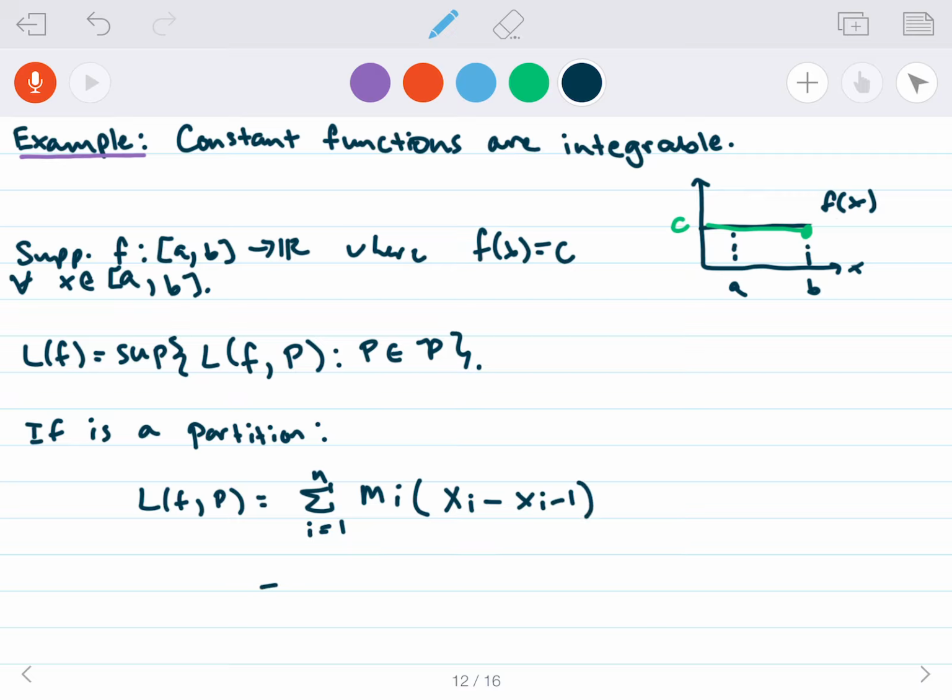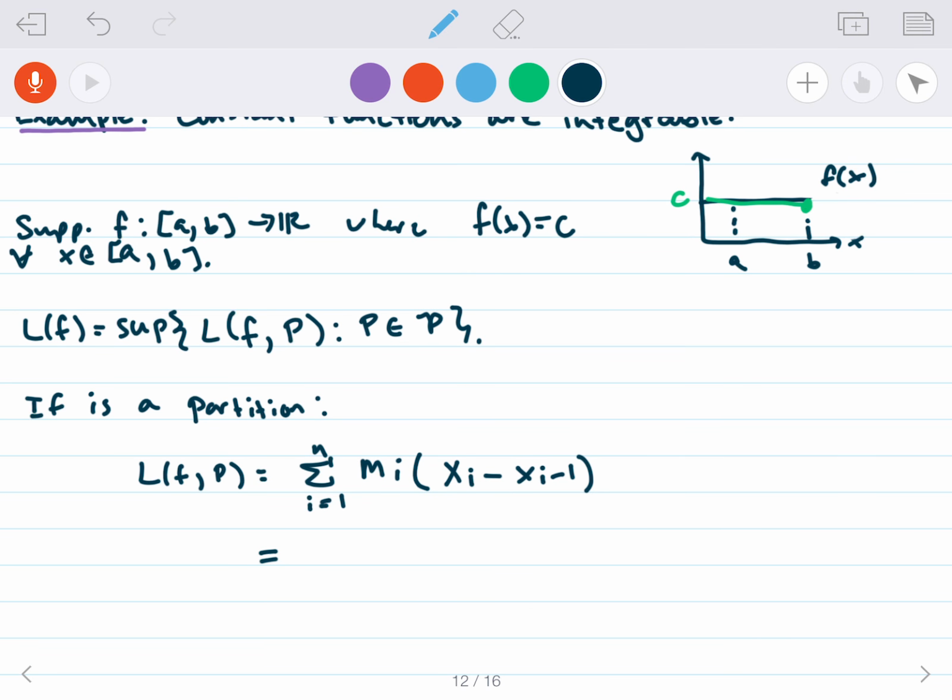Okay, so if we just expand it out, starting at i equals 1, we have m_1 times x_1 minus x_0, plus m_2 times x_2 minus x_1, and so forth. We go up to m_n times x_n minus x_{n-1}.